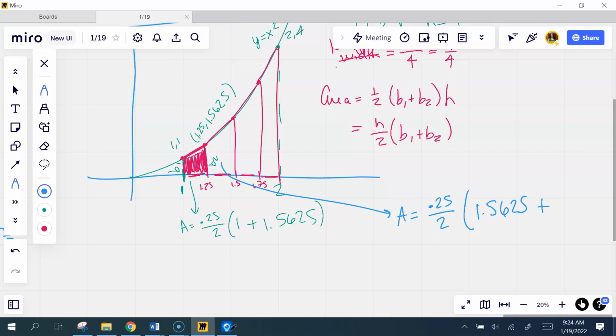Right. And then this is 2.25. So this looks like a lot, right?